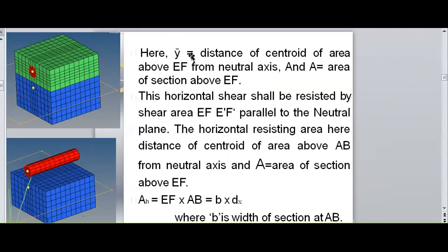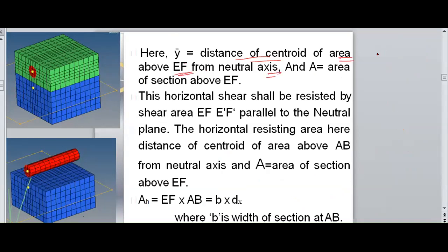So here y bar is the distance of the centroid of the cross-sectional area above the EF line, the centroid distance above the EF line.